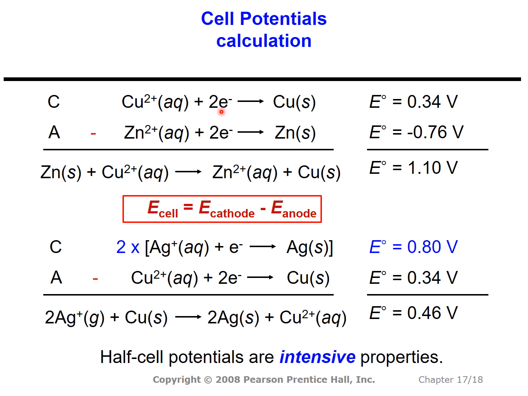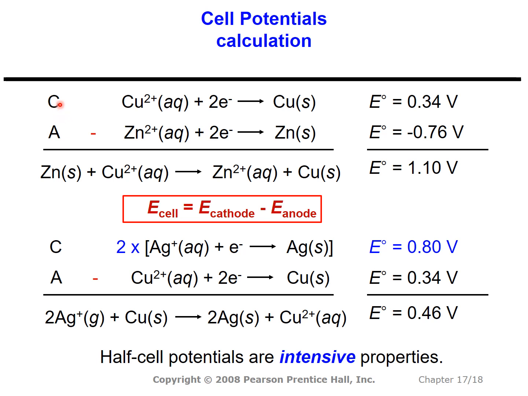Copper 2 plus plus 2 electrons is going to copper, reduction. Zinc 2 plus plus 2 electrons is going to zinc, even if the second equation is for the anode process or oxidation process. But for writing down the reduction potential, please place the reduction process.